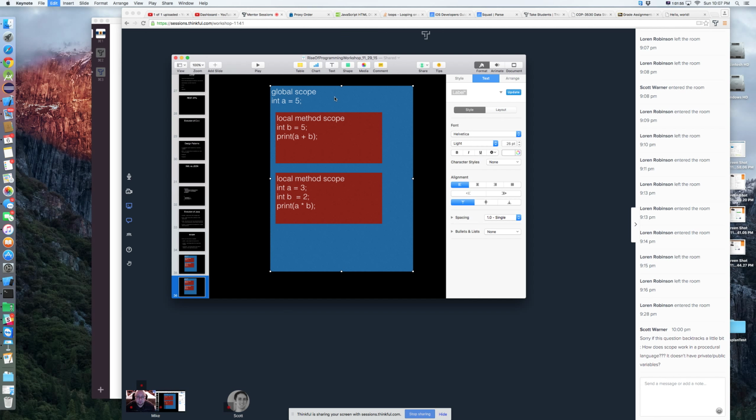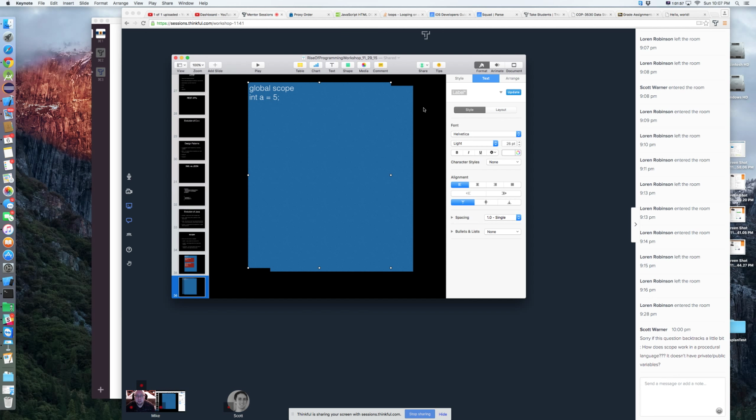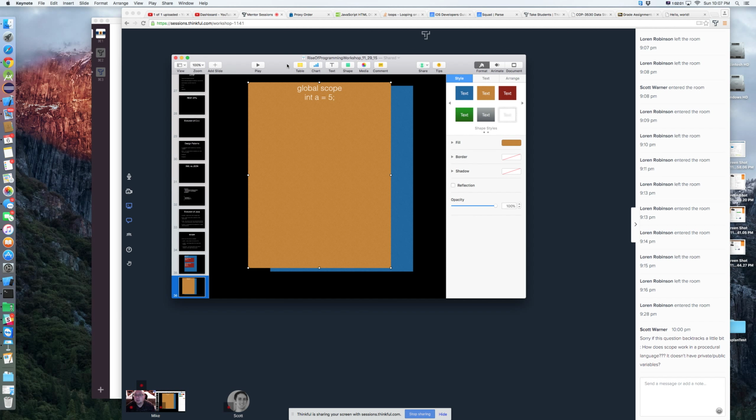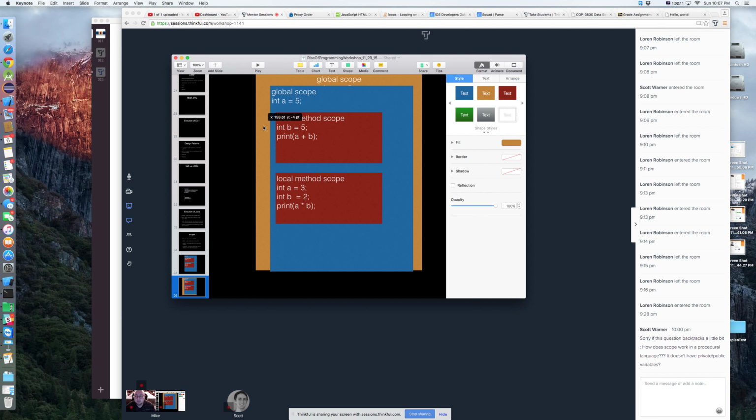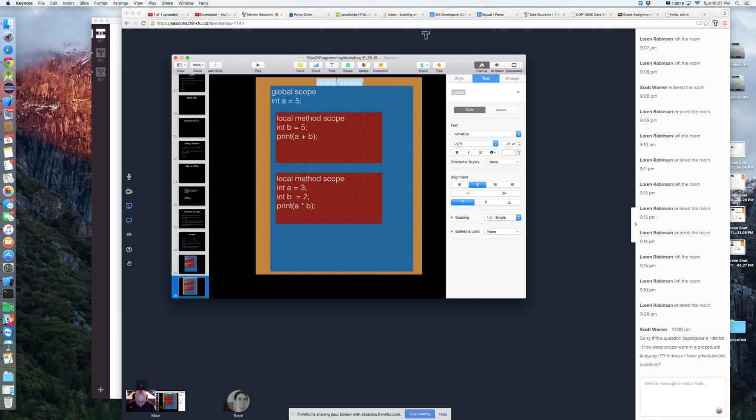So let me copy this, change its color, make it a little bit bigger, and send it to the back. This is the global object scope.